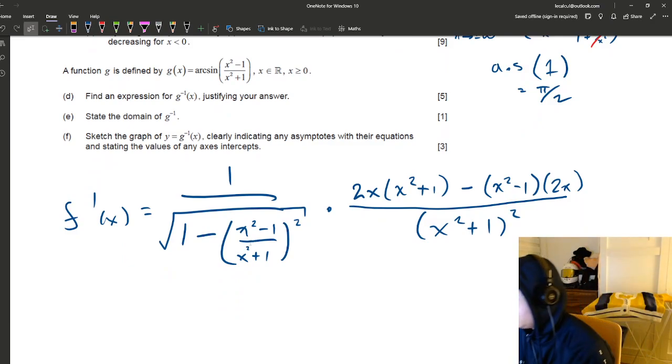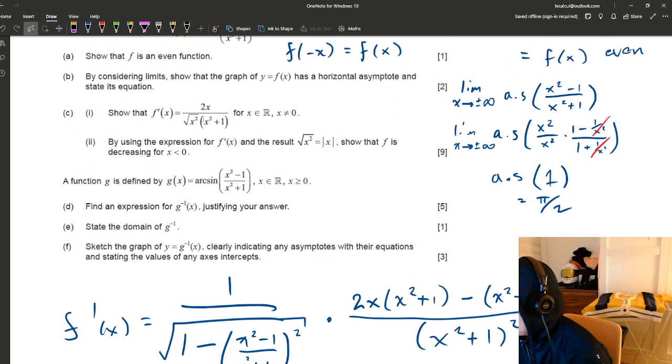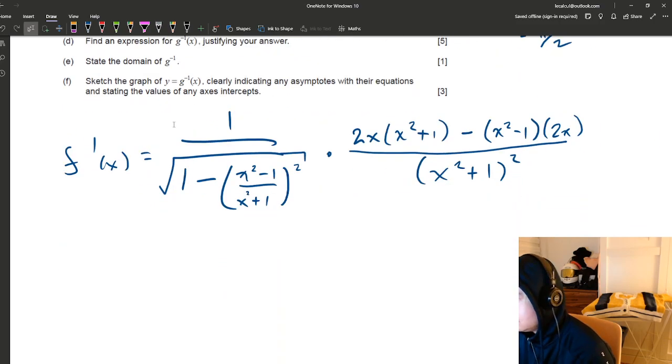Okay. Now it does tell us what we want, if we want it to look like this. So first let's check out my numerator. Okay, let me just expand this out real quick.